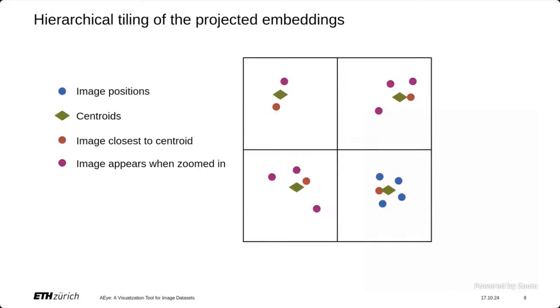To achieve this effect, we keep the centroid that we already have in this tile fixed, which also means that the image that's closest to it will be retained. So this time we only have to choose 3 more centers, and once we have those, we can again take the images that are closest to those and show them on screen. In this case, we only have 1 blue dot left that represents an image that is not shown on screen yet, but this will be done once the user zooms in even more.